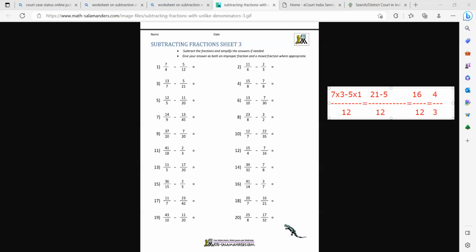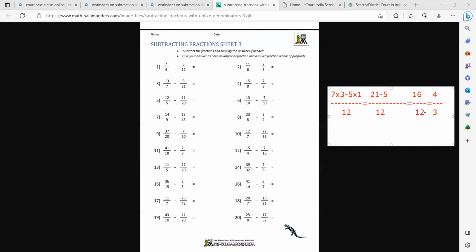Then what can we do? We can divide these two numbers, 3 and 4. 3 into 1 is 3, 4 minus 3 will be 1. So 1 whole 1 by 3 is the correct answer.